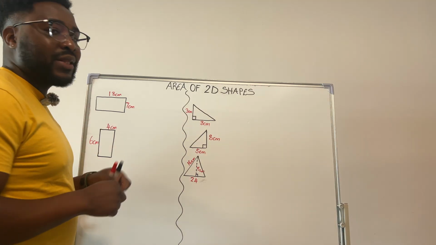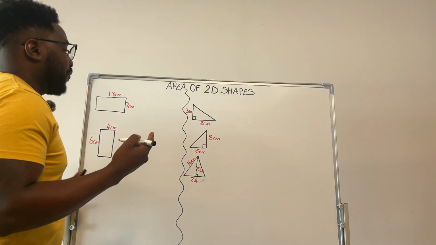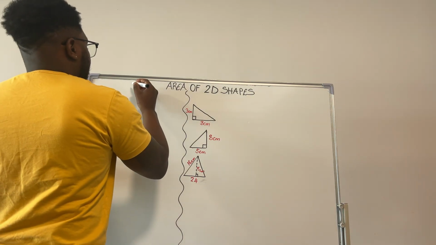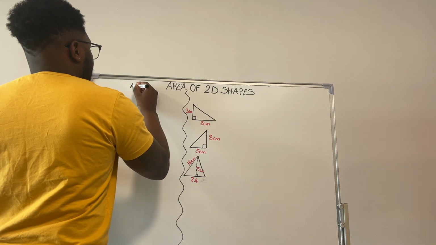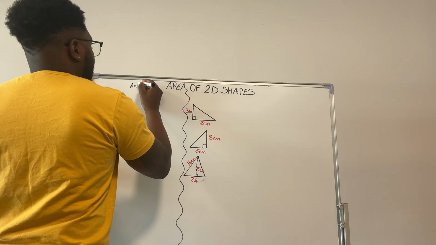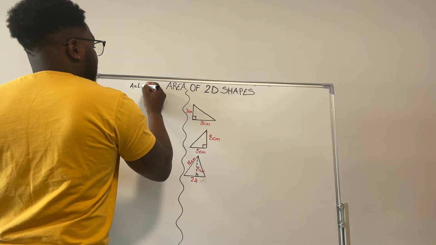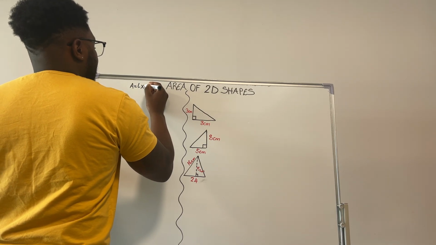So the formula that we use to find the area of a rectangle is area equal to the length multiplied by the width.